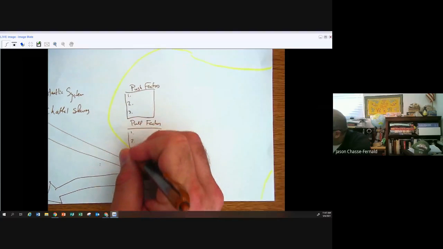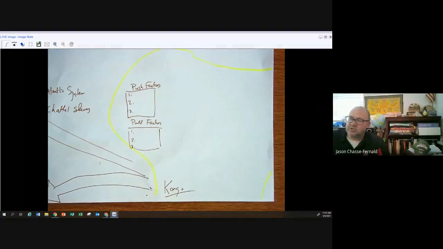If we're talking about the Atlantic system with chattel slavery, how do individuals find themselves on the boat, in shackles? Identify a specific kingdom. Identify ways in which they were acquired.